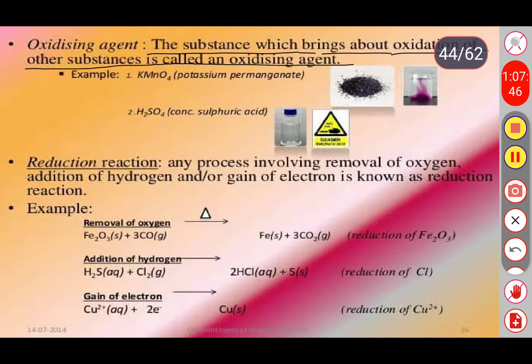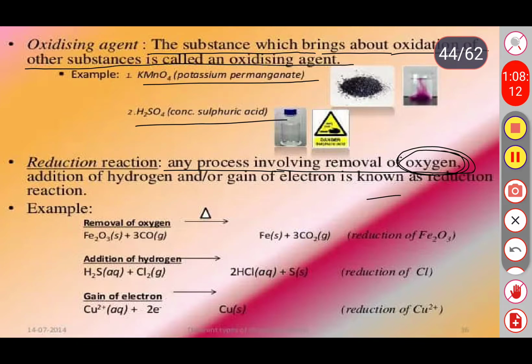Next one, reduction reaction. Any process involving the removal of oxygen, or the addition of hydrogen. This is the exact opposite of the oxidation reaction. In the oxidation reaction, we add oxygen and remove hydrogen, right?